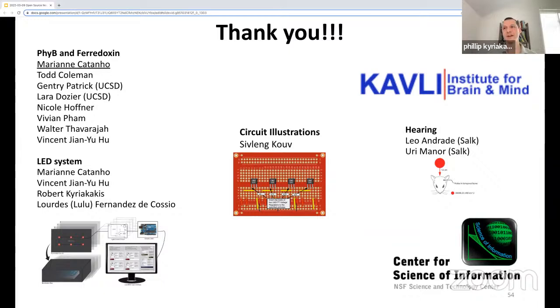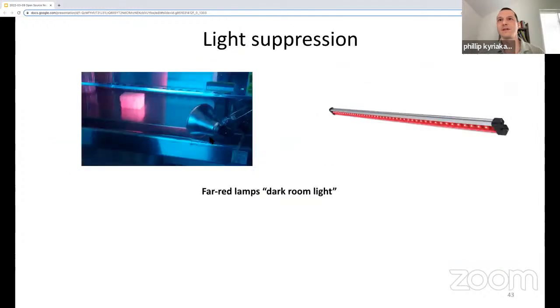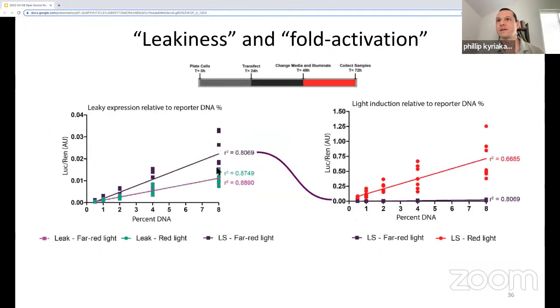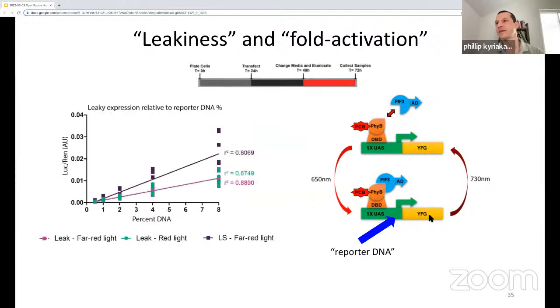The other thing is the experiment without that. Let me go back to it. In these two conditions, I had just the reporter DNA, so there was no optogenetic switch. And then when you include these proteins, they're binding on and off at a very low rate in far red light, but they're more bound in the red light.